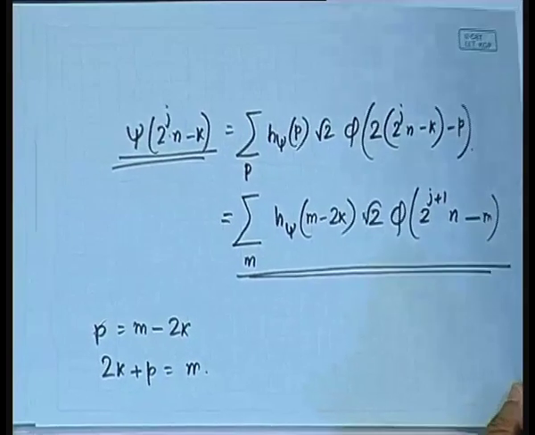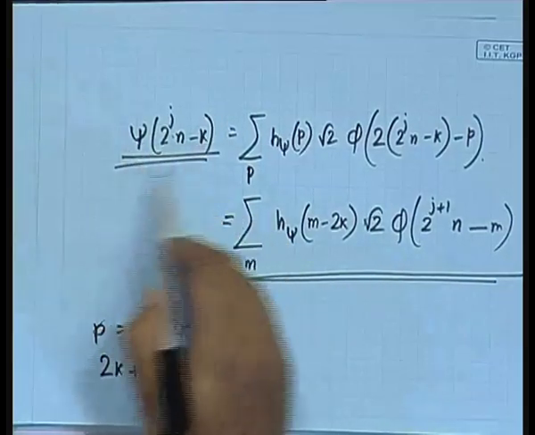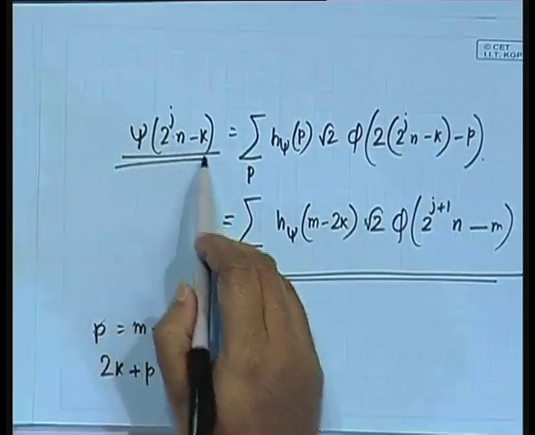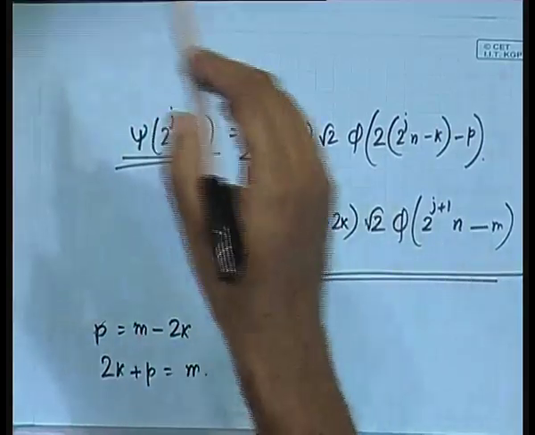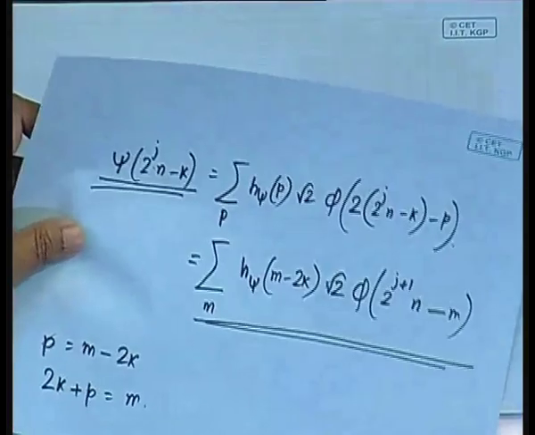So, let us see whether any interesting thing results when I substitute psi of 2 to the power j n minus k with equation 3a. So, what we get is this.